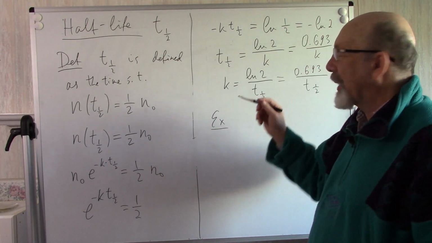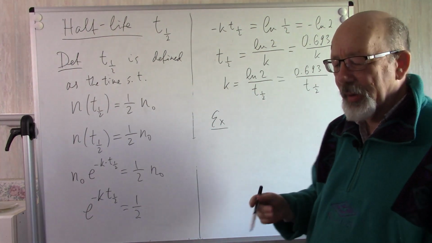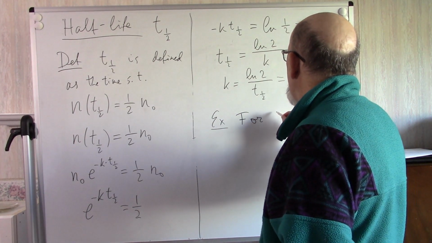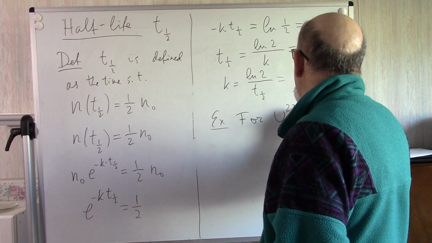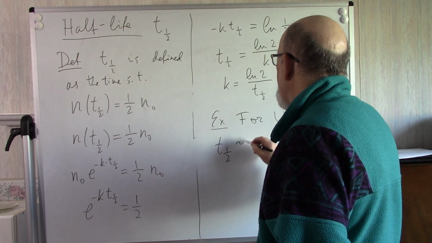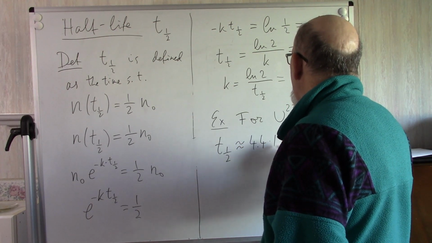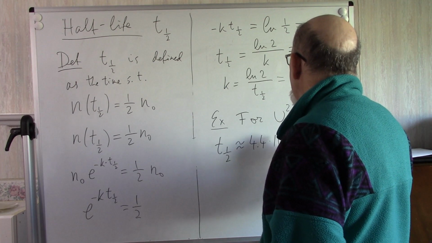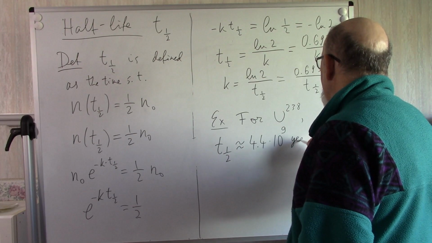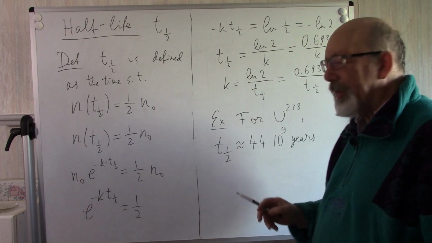Numerically, this half time can vary in a very large range. For the element uranium-238, T 1/2 is approximately 4 times 10 to the 9, 4 billion years. So it is close to the age of our Earth.